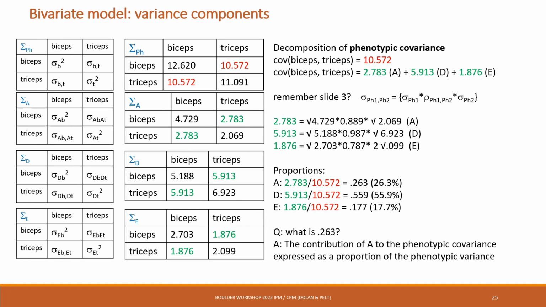If I divide the 2.78 by the total phenotypic covariance, that gives me 0.26. So 26.3% of the phenotypic covariance between biceps and triceps is explained by additive genetic effects. So this is proportions on the one hand, and on the other hand, two ways of representing the covariance.